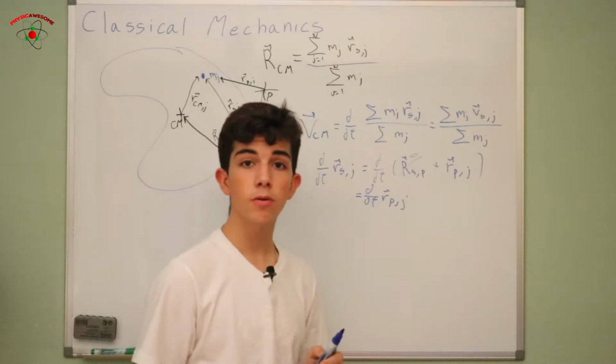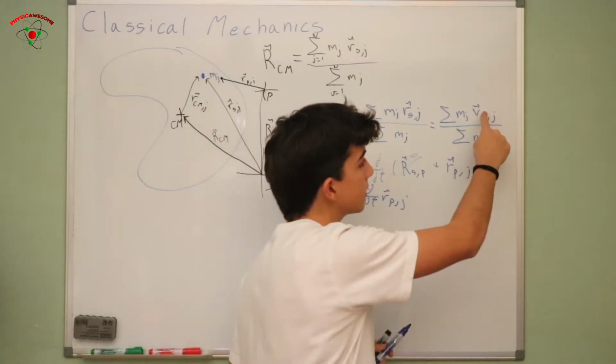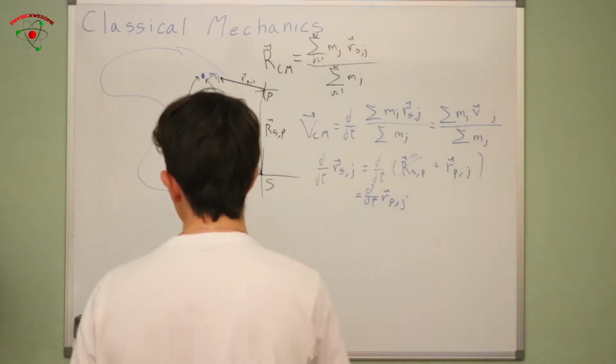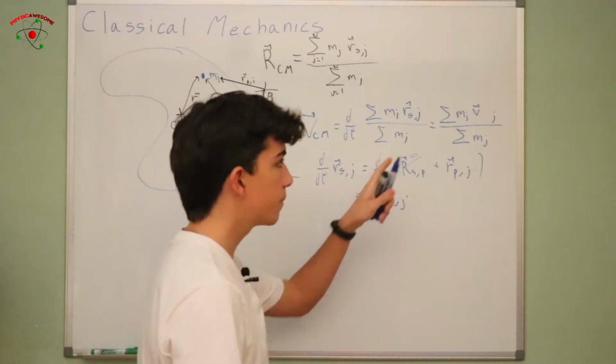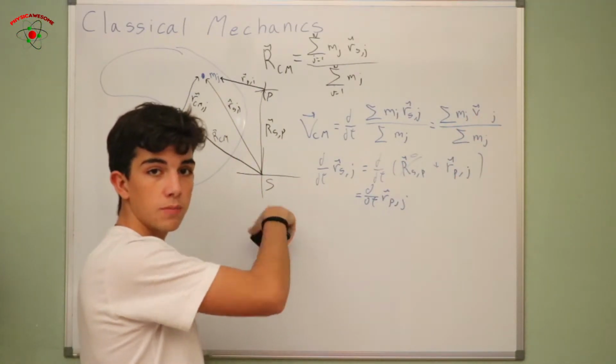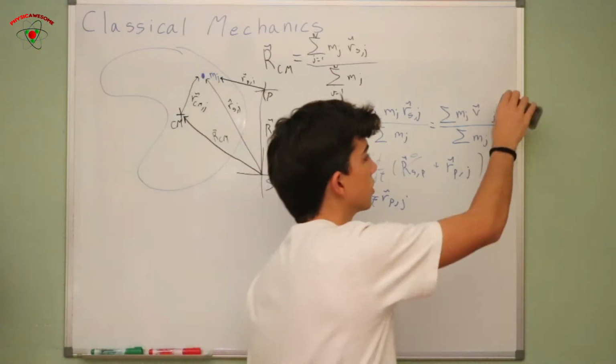And therefore we can take these sub-indices off, because in general this velocity is not going to depend on the stationary reference frame we choose.